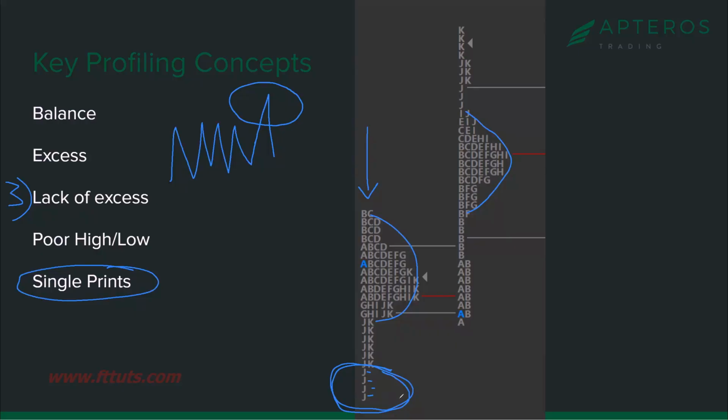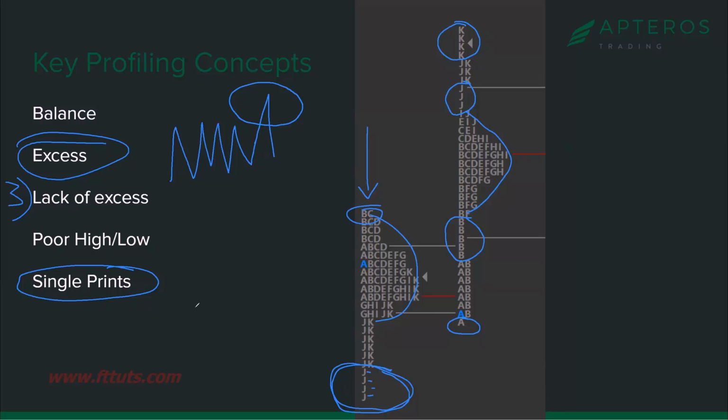Those are single prints. Single prints occurred there. There's one single print here. There's some single prints there. Single prints here and here. That's all the single prints I can find. And they represent excess, all of them. When you don't have any single prints, you have a lack of excess.